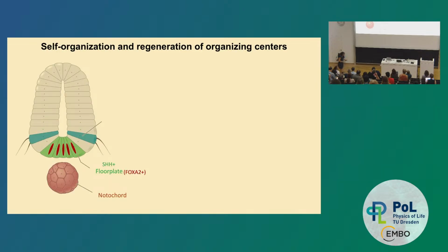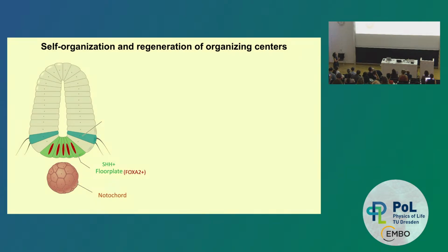And so in development, we know that the floor plate is an extremely important organizing center. It's a group of cells forming in the neural tube that expresses FOXA2 transcription factor and sonic hedgehog that is secreted to the neighboring cells in order to generate an array of 11 different progenitor cell types along this neural tube.